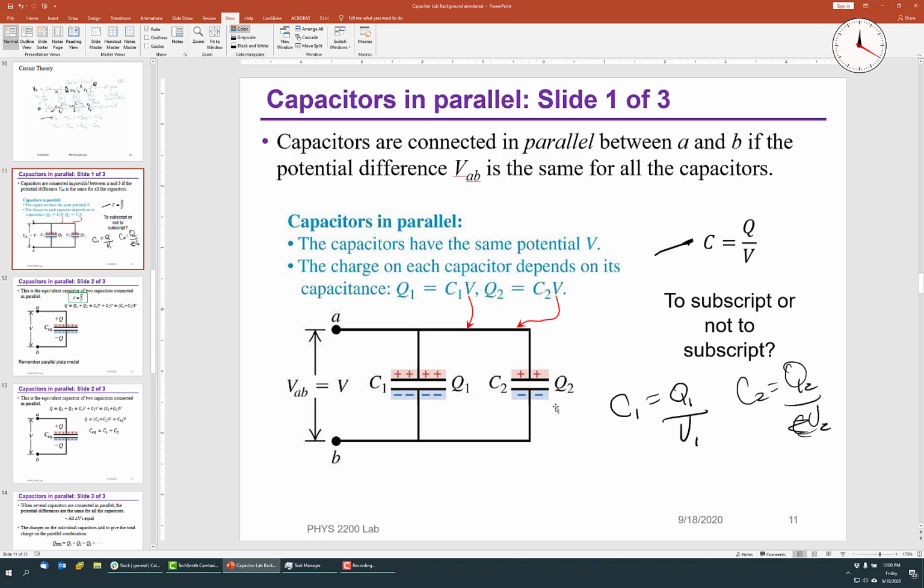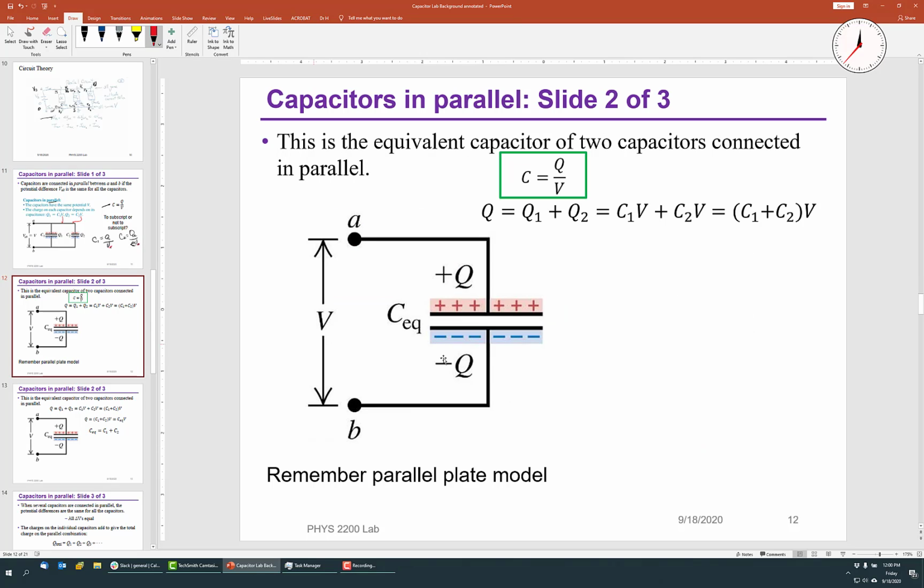But we remember from the parallel circuit rule that it's the same V for both of them. So that's important. So then that allows us to, and this is the easy one, come up with the rule of combination because we can then add together.